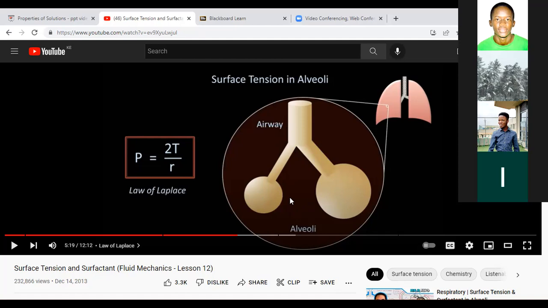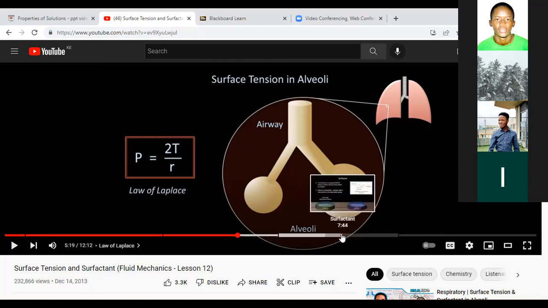Now, when this happens, you'll end up with collapse of the smaller alveoli, so that you can inflate or ventilate the larger alveoli. But this is not what happens. We are going to see the role of the surfactant.